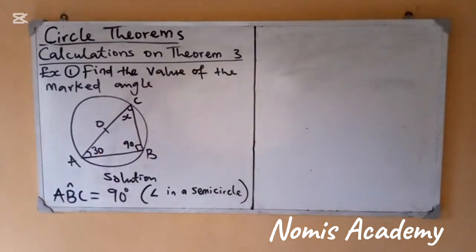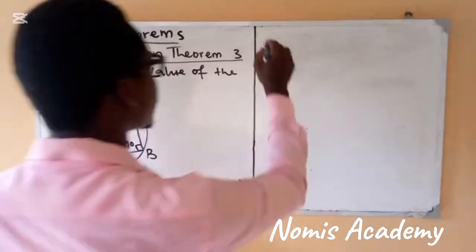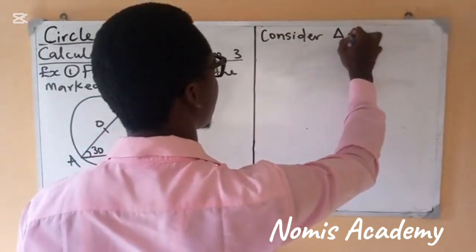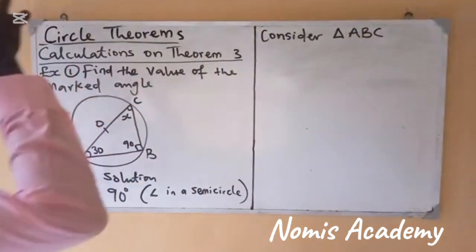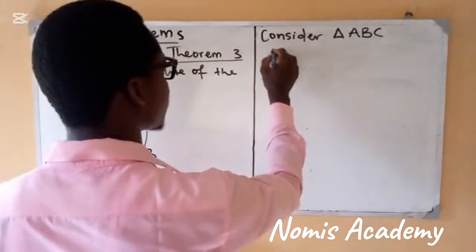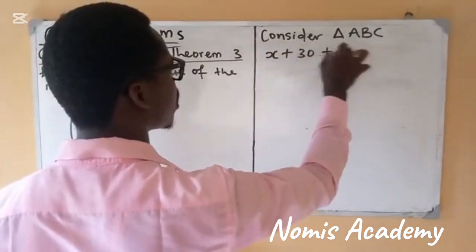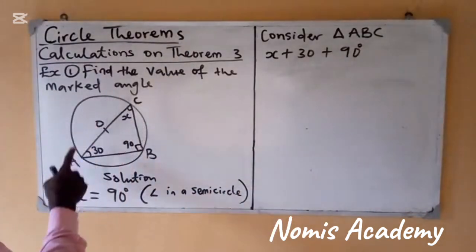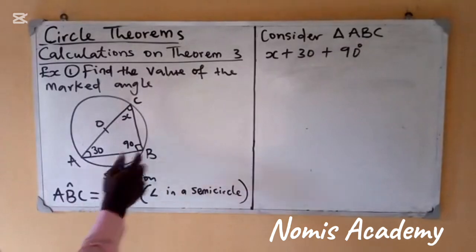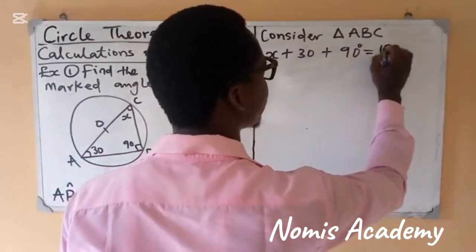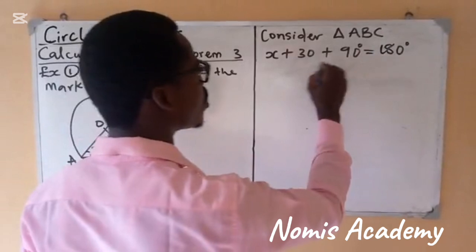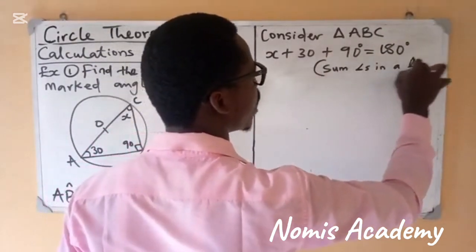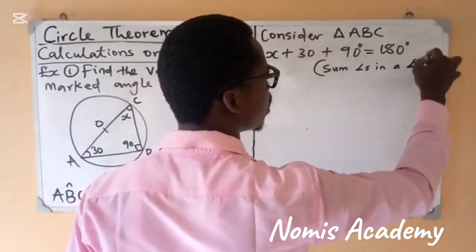Okay, so now let's find X. So we are going to consider triangle ABC. We know that X plus 30 plus 90 degrees, which is angle at C plus angle at A plus angle at B, is equal to 180 degrees. So these are sum of angles in a triangle.